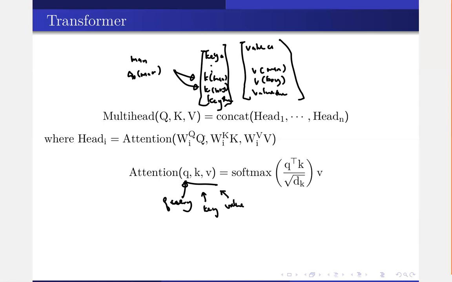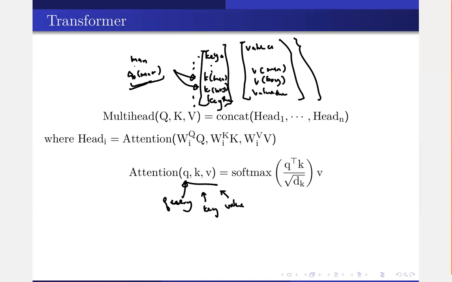And then when you have this query, you do an inner product with each of the keys here, and you do a softmax to normalize into a probability, right? Then you use the probability as a way to weight the sum of the values here.